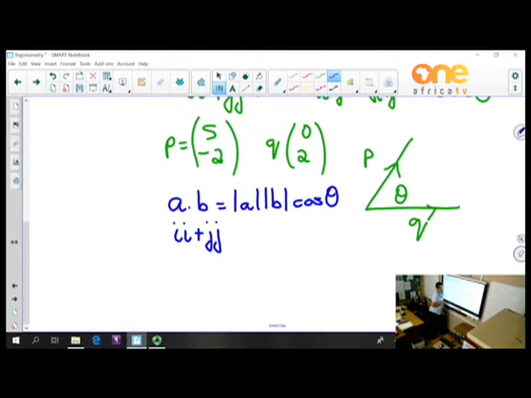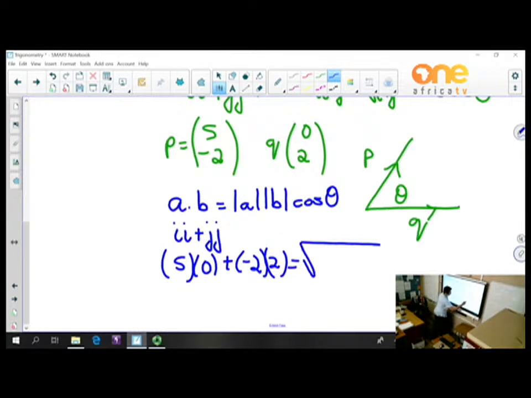This is now in 2 dimensions. So what is II plus JJ? II plus JJ. So it's going to be 5 times 0 plus negative 2 times 2. So here you multiply the two vectors with each other.